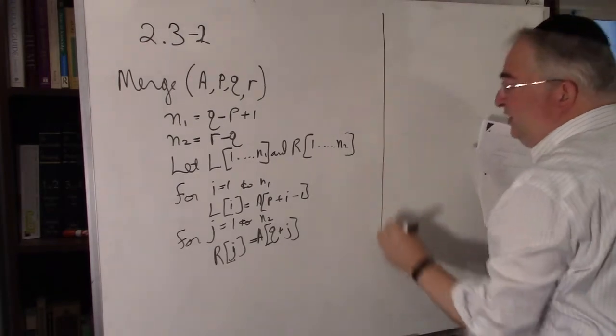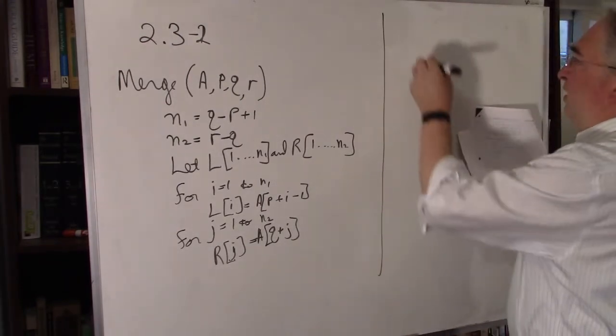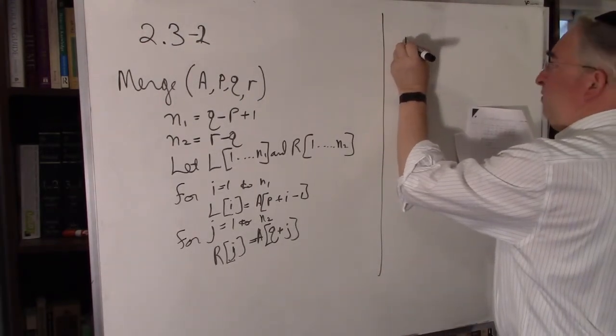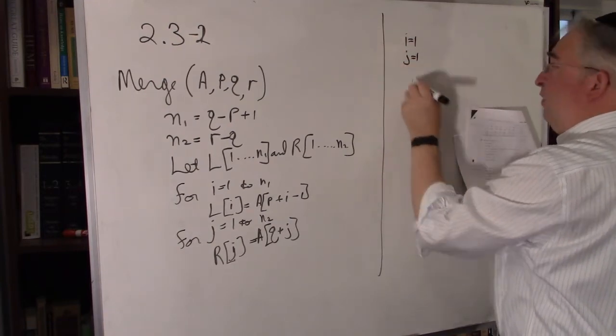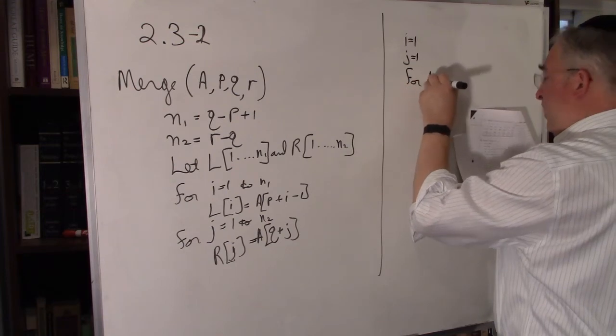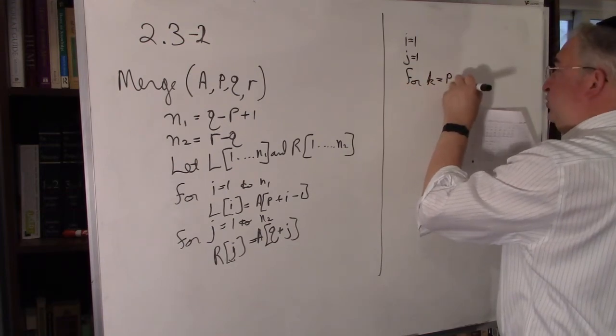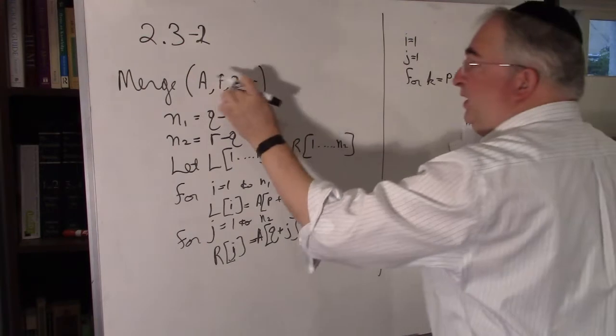Let's continue. I equals 1, J equals 1. For K equals P to R, from the beginning to the end.